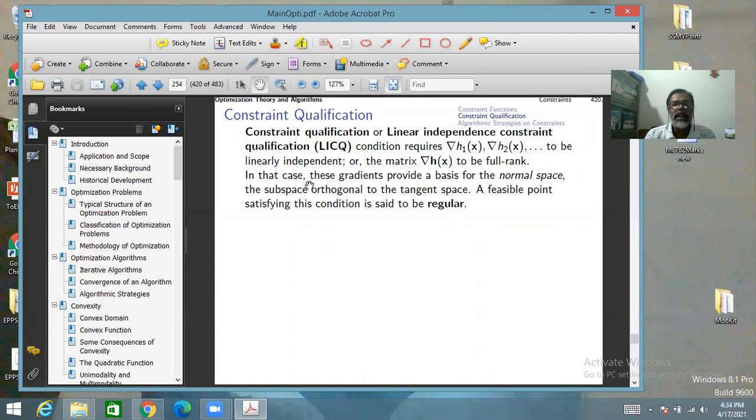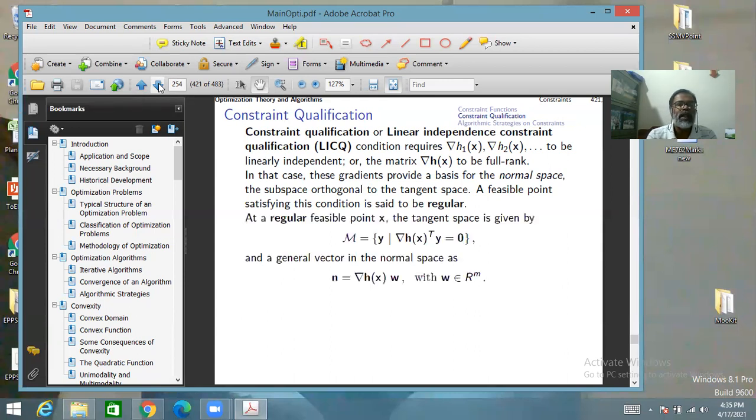So in that case, these gradients provide a basis for the normal space, that subspace which is normal to the tangent space, orthogonal to the tangent space. And a feasible point satisfying this condition is said to be a regular point. And that means an irregular point will have trouble. So at a regular feasible point x, you can express the tangent space like this.